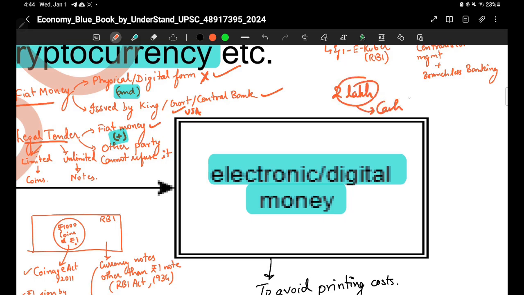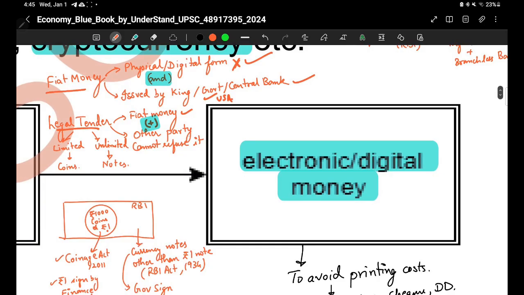After 2 lakh, you have to use a cheque or NEFT or demand draft or something like that. But the other party can take money in black, so it is an unlimited legal tender. You know what black money is? Black money means money which is not taxed.